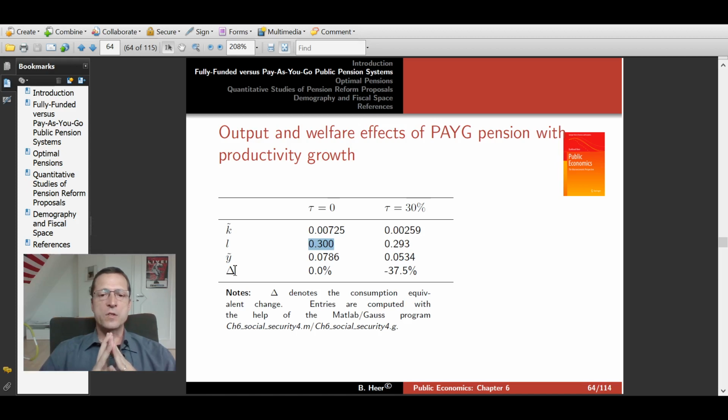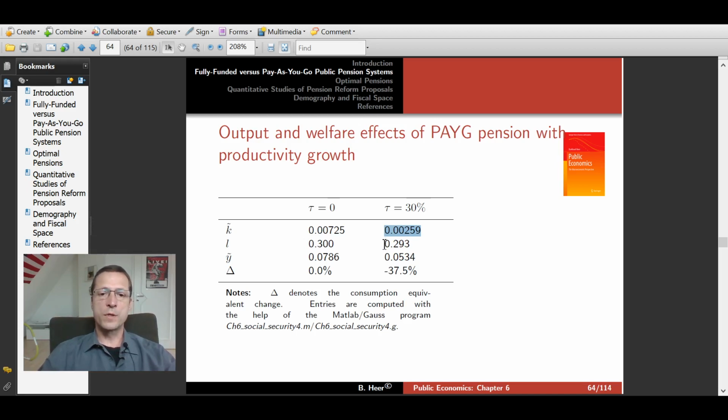And now we consider the same exercise that we did in the last video, in the last chapter. We introduce a pension system with a social security contribution rate of 30%, so something like a social security system that we observe in Southern Europe. And in this case, the capital stock falls, savings fall by more than 60%, just like in the case without growth.